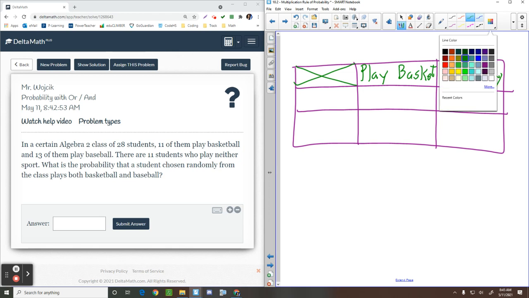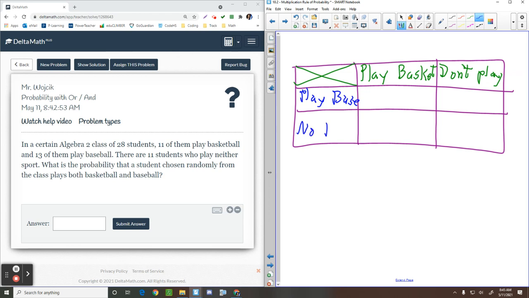And the other column, like the rows, will be students who play baseball, and then the students who don't play baseball. Let me make sure, specify don't play basketball. So we're just going to make a little chart here to organize the different groups.